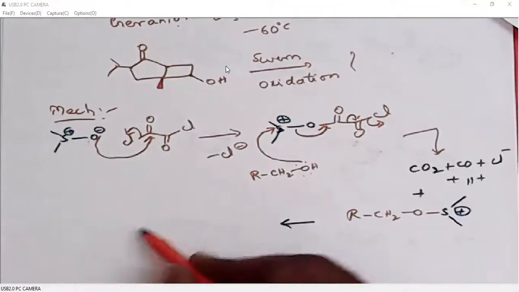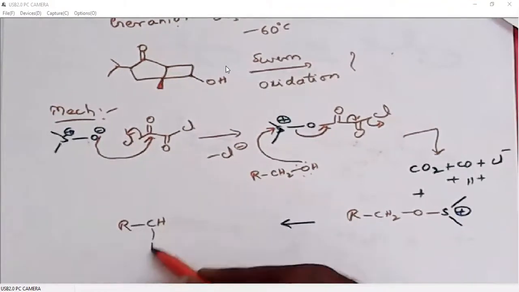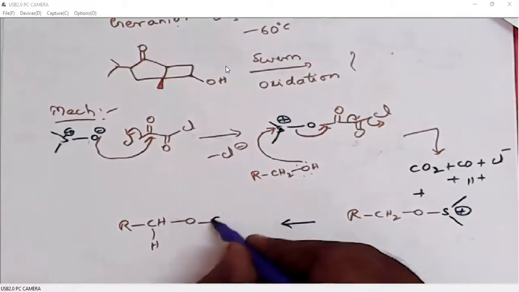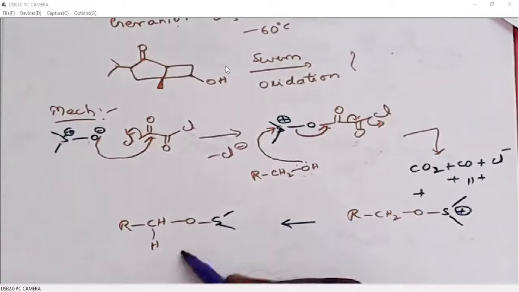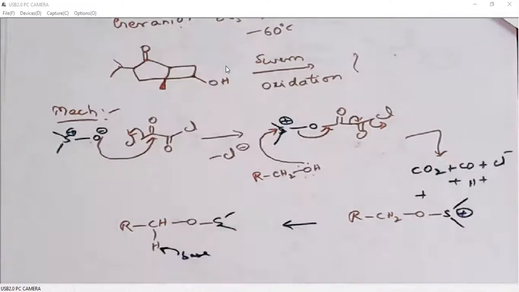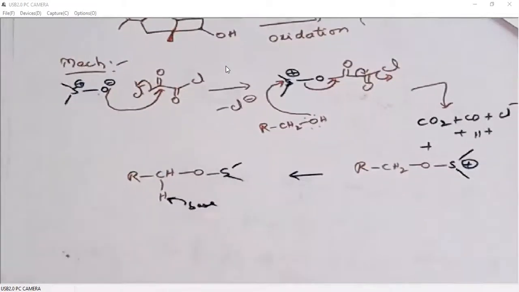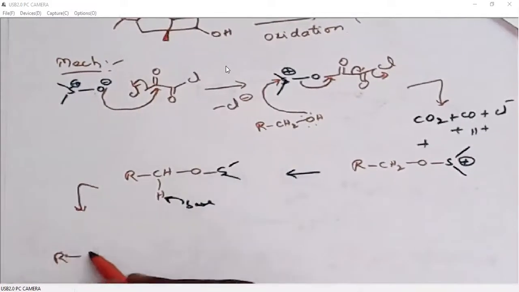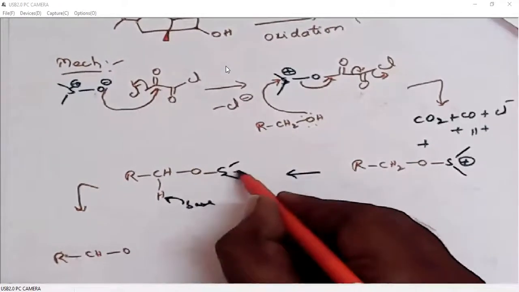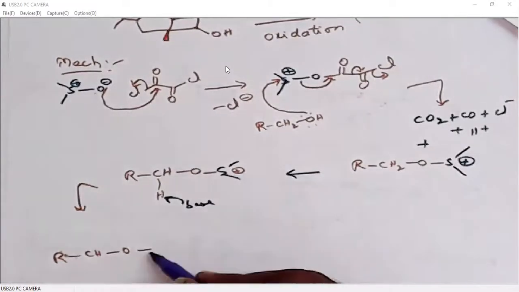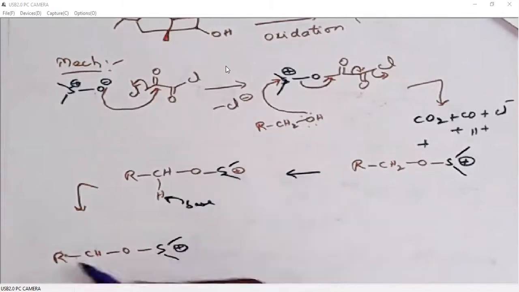I'll show once again. RCHHO, and there is a bond between oxygen and sulfur. So what happens? A base from the reaction mixture like Cl minus will pick up this proton. Then we get RCHO, sorry, there is a plus charge, and a minus.